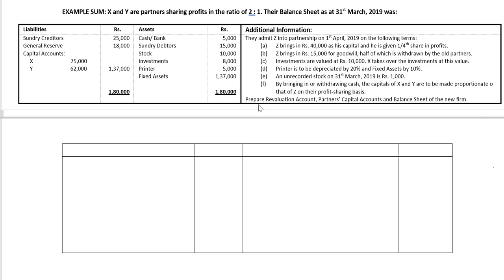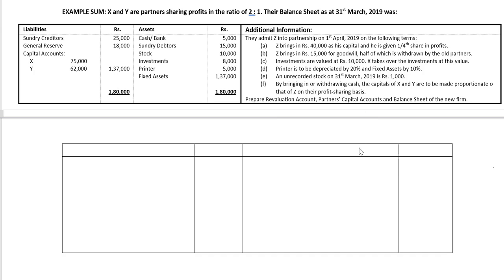Here in point F, it says by bringing in or withdrawing cash, the capitals of X and Y are to be made proportionate to that of Z on their profit sharing basis. So we can understand that it's the first method of adjustment of capital, where the old partners' capitals, that is X and Y's capitals, are going to be adjusted based on the incoming partner Z's capital.